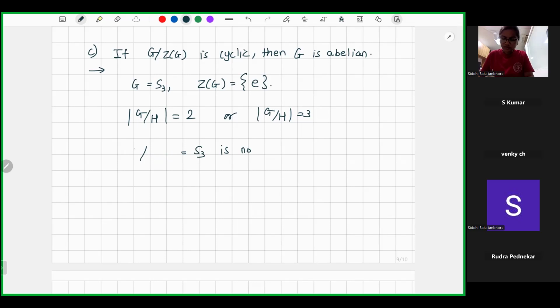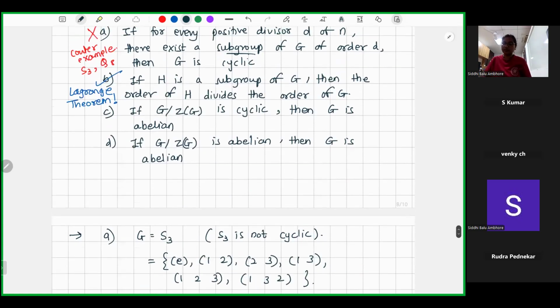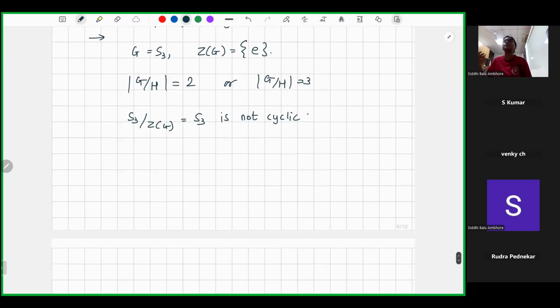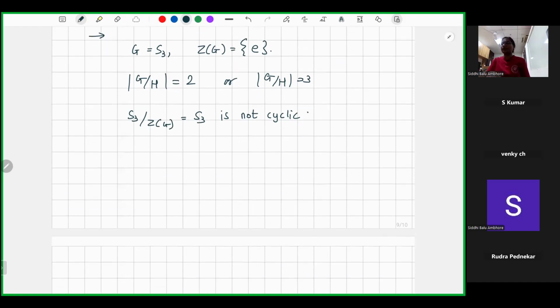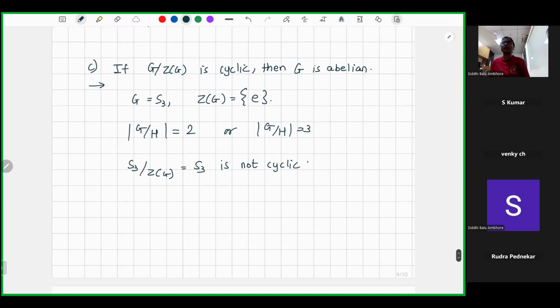So we can't use that as a counterexample for this statement. We want G mod ZG to be cyclic for this at least. So do you have any counterexamples, or do you now feel that it is true?